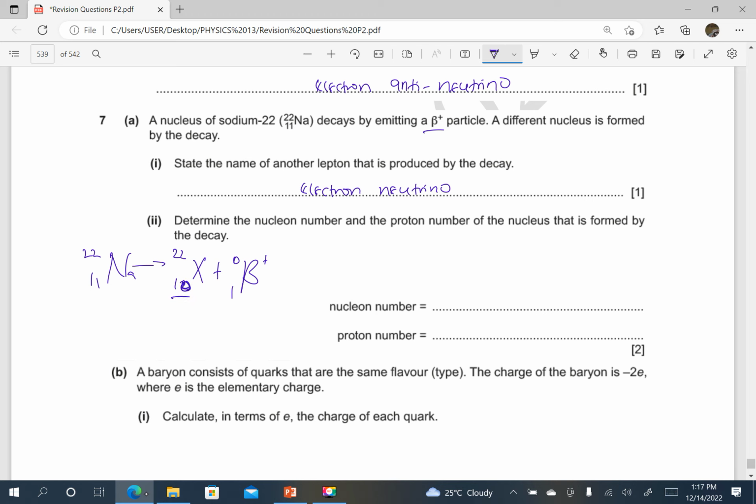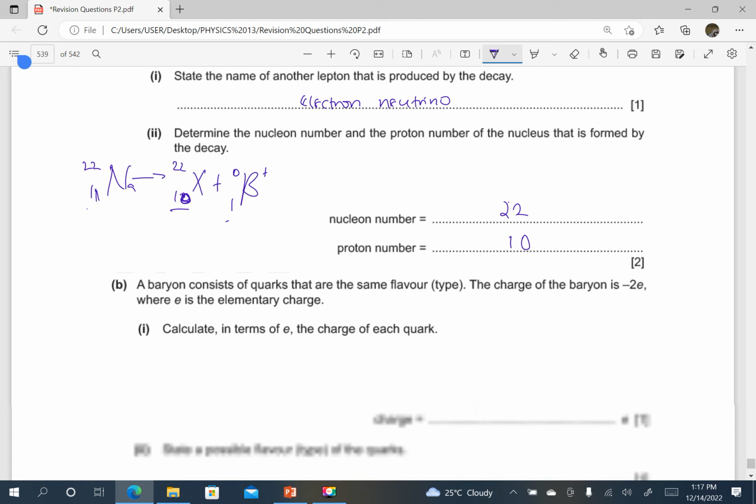To balance, 10 plus 1 is 11, so it should be 10. So on the left, we have nucleon number 22. On the right, it should also be 22. Proton number on the left is 11. This side should be 10 plus 1. So this is going to be 10 for X.